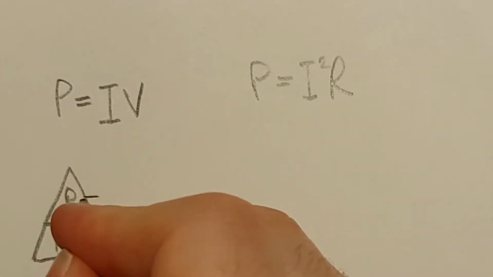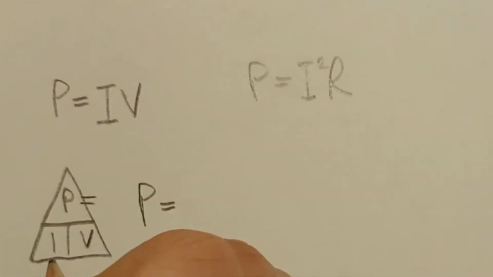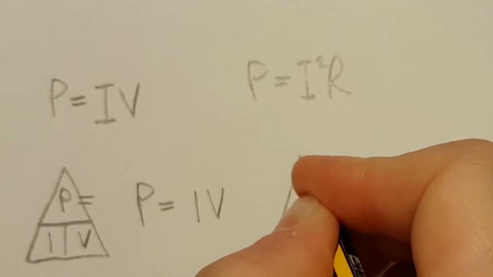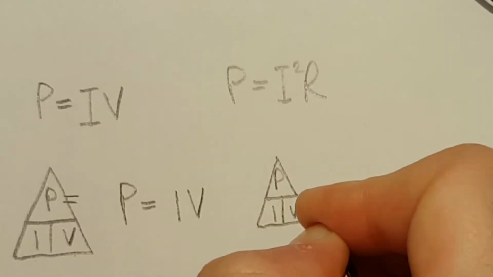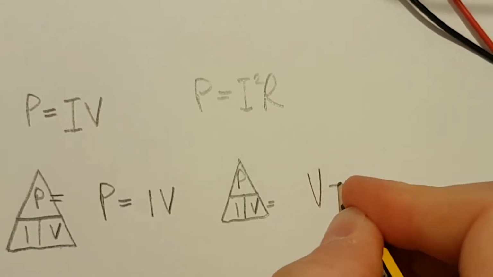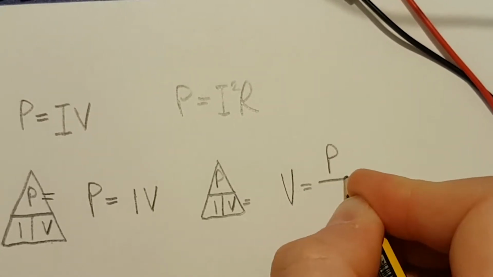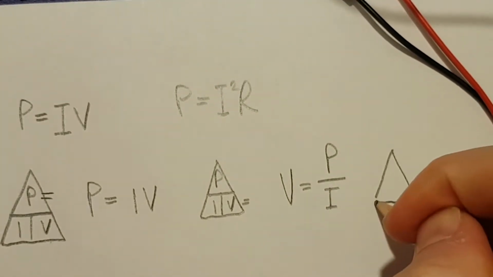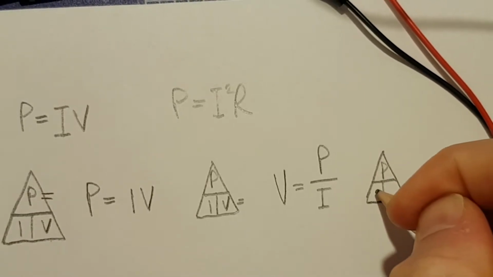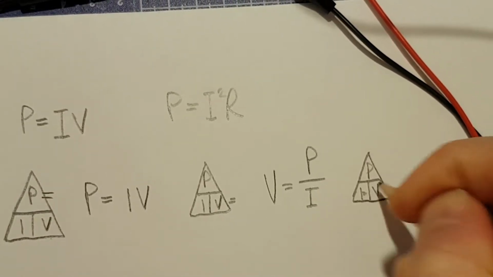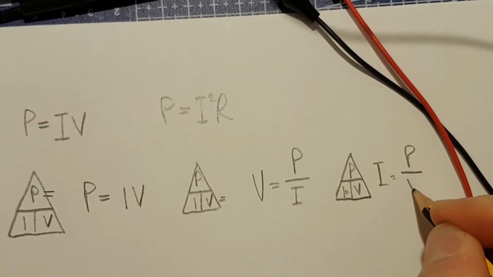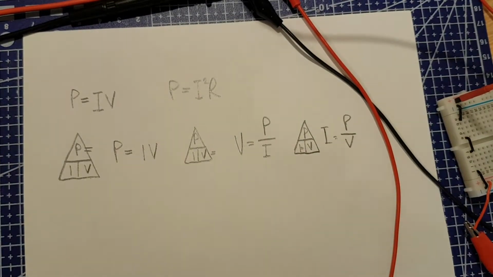If we put an equals here, we have P equals I times V. If we put an equals here, we have V equals P over I. And if we put an equals here, we have I equals P over V. Now P is power, it's measured in watts, and the same goes for watts as for amps.